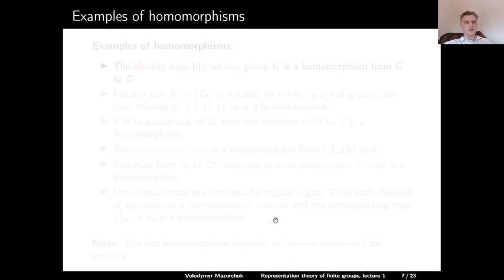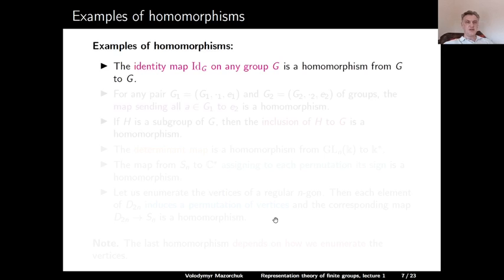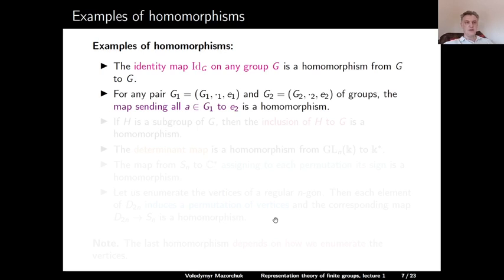So here are some examples of homomorphisms. As we already mentioned, the identity map on any group is a homomorphism from this group to itself. Second example, given any pair of groups G1 and G2, the map which sends all elements from G1 to the identity element in G2 is a homomorphism.